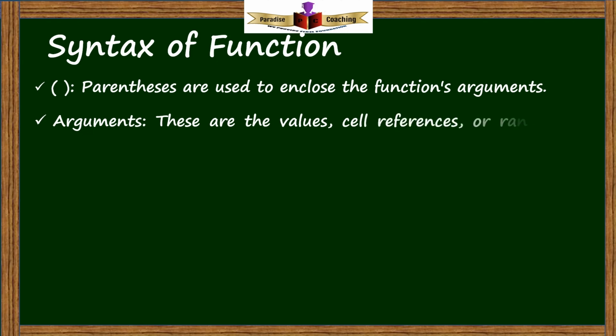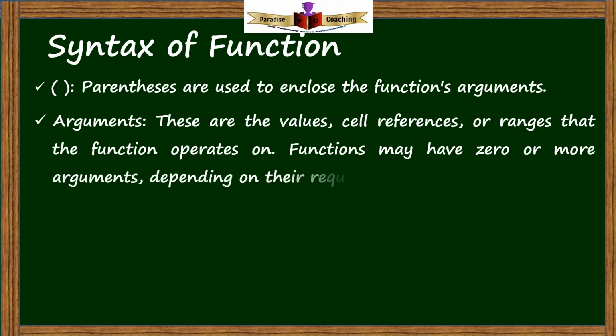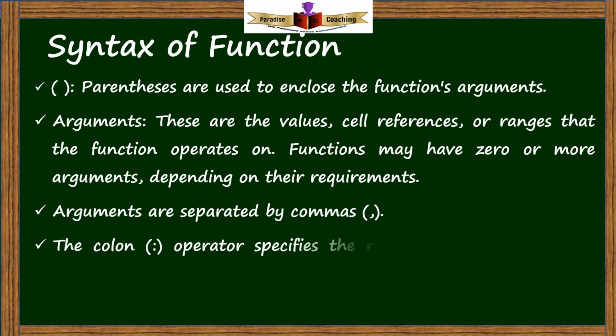Arguments are separated by commas. The colon operator specifies the range of cells. For example, A1:A10 means all cells from A1 to A10. Ranges are used to refer to a group of cells.